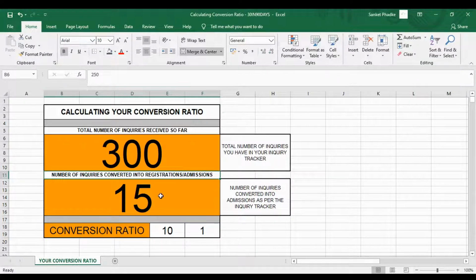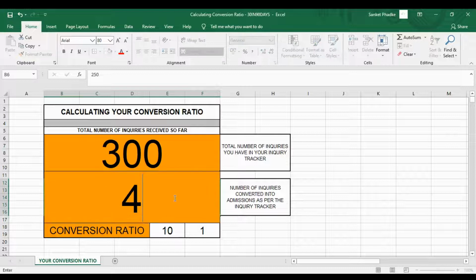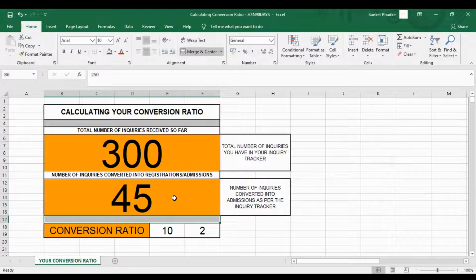So let me assume that right now these inquiries have been generated since the past, say, 3 months, and the total conversions out of these 300 inquiries is somewhere around 45. Okay. Now, once you punch both these numbers, you will see your conversion ratio here. Okay. So that means your conversion ratio is 10:2.